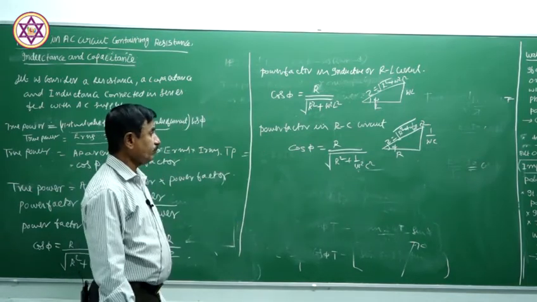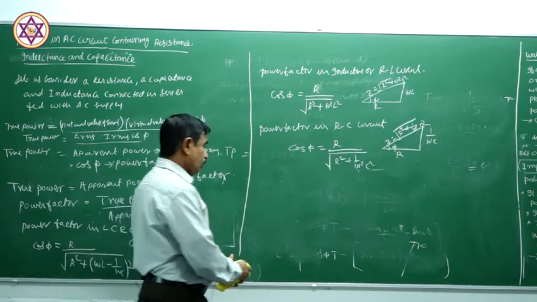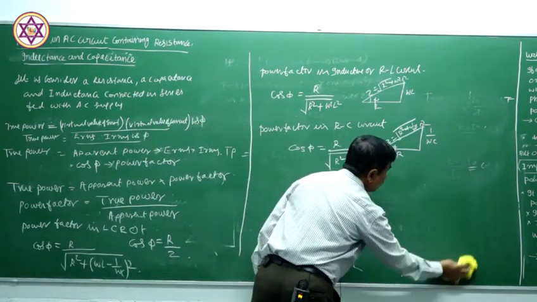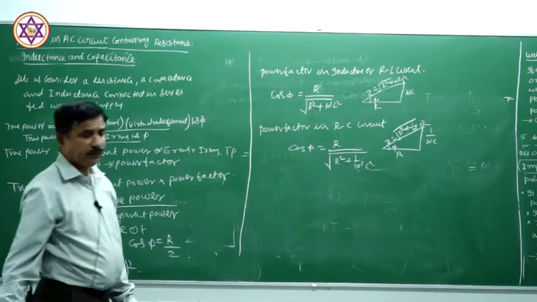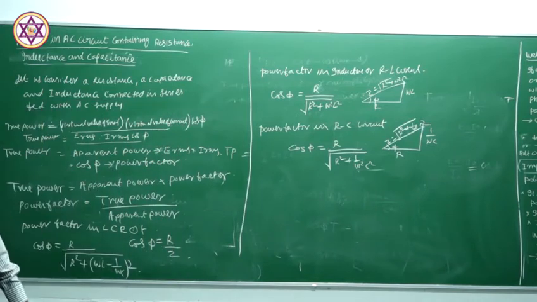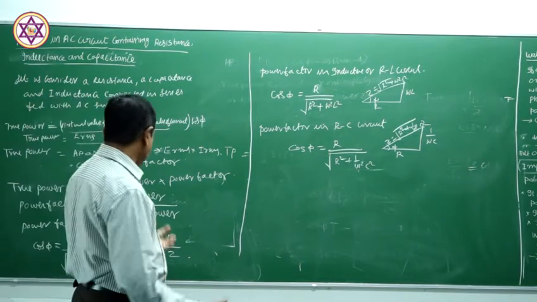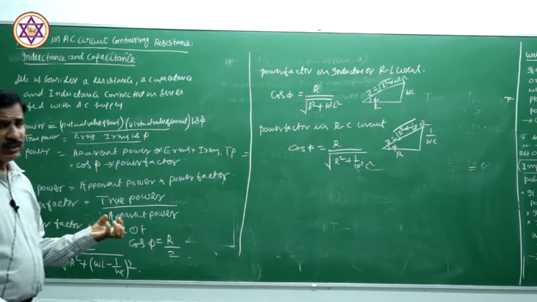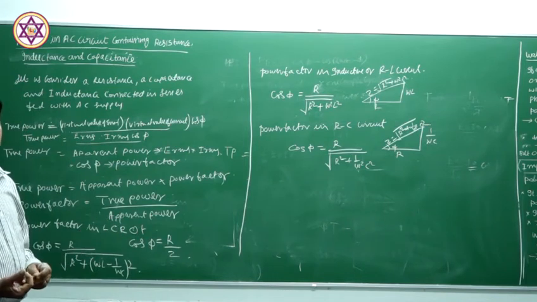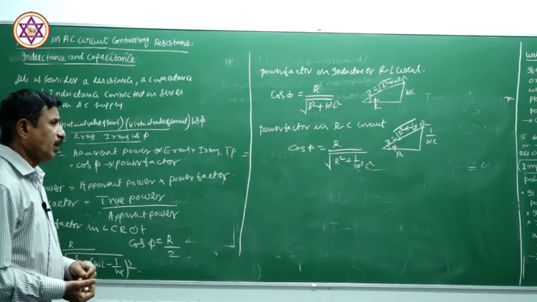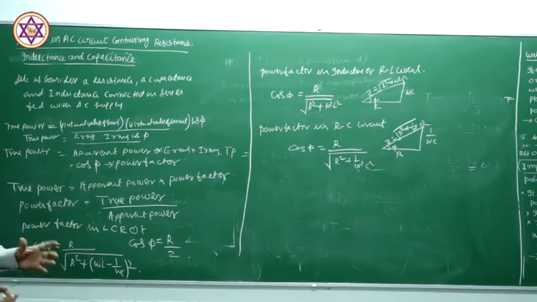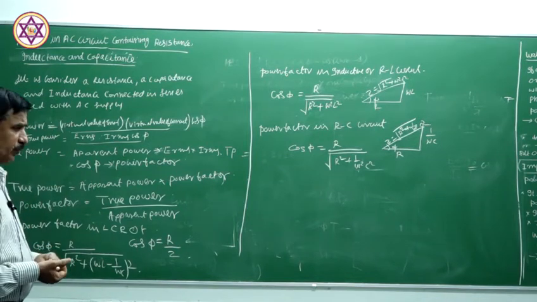Now, what is the importance of power factor? Power factor is the ratio of true power to the apparent power. It actually measures how effectively power is consumed in the network, how the power is used in the circuit.